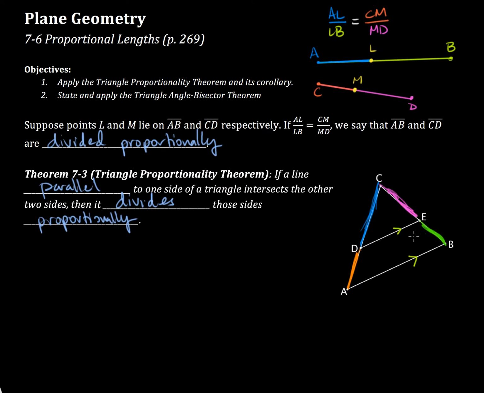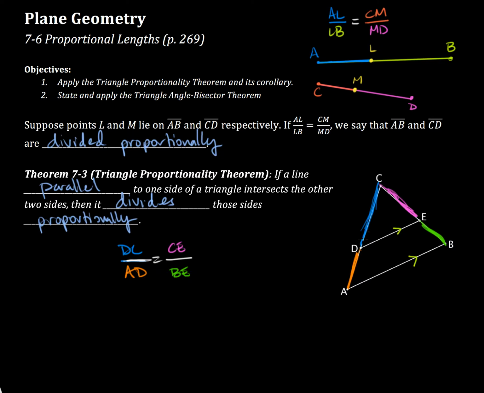What we just learned by Theorem 7.3 is that if I take DC and AD and make a ratio out of them, it will equal CE over BE. CD over AD will equal CE over BE.